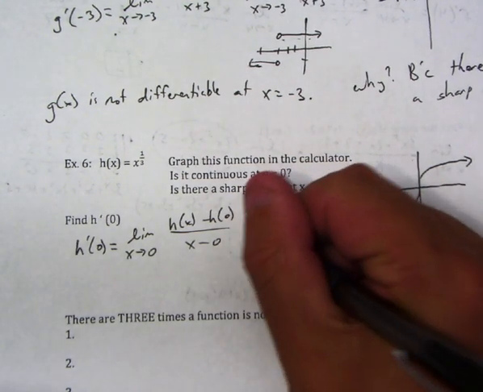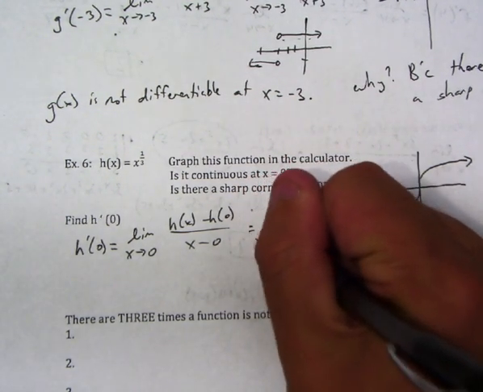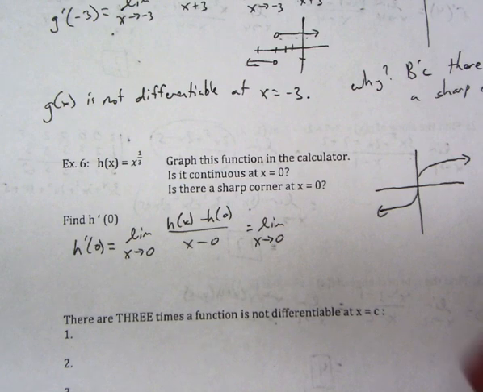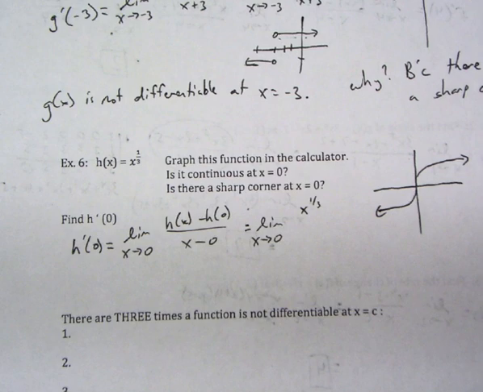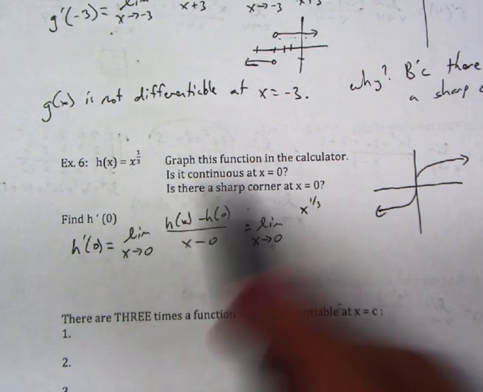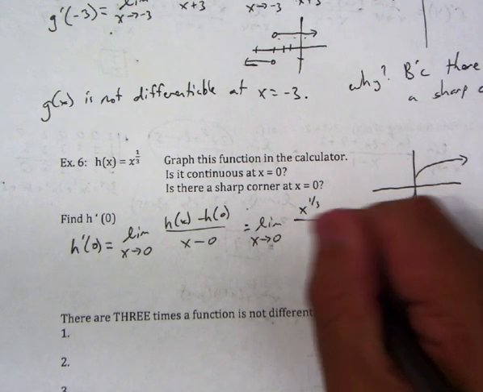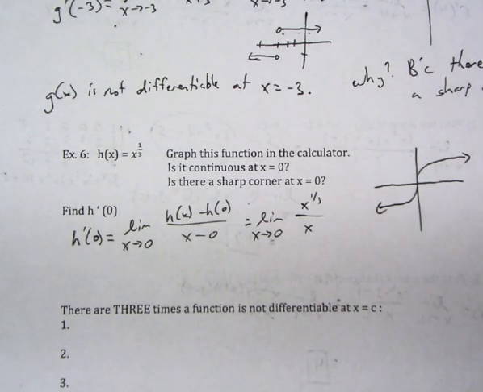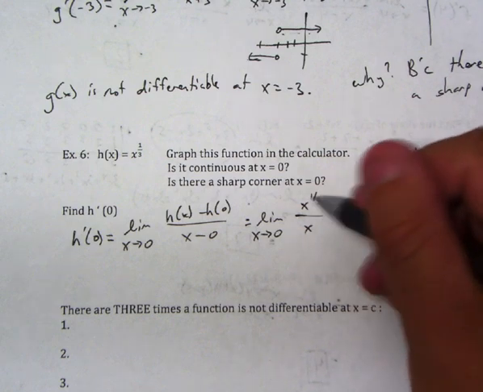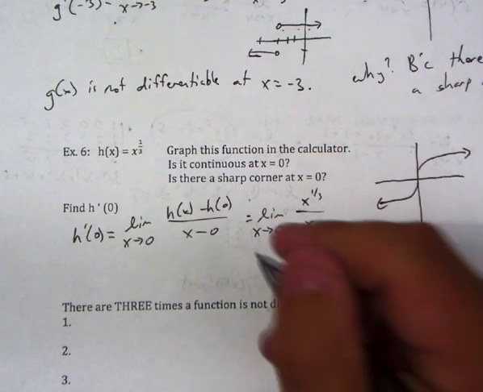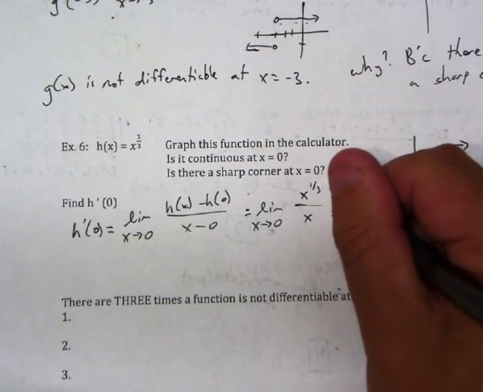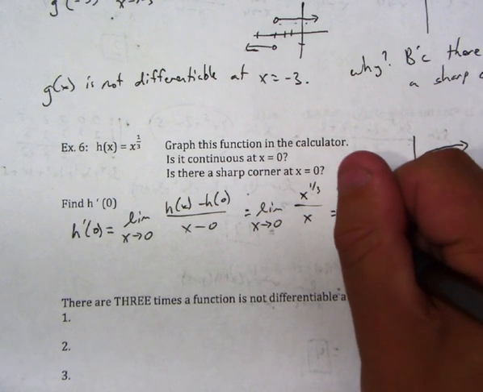So we have the limit as x approaches 0 of x to the 1/3, because that's h, minus h of 0, so plug 0 in for h and we get 0, so minus 0, over x. And we can use our exponent rules to clean this up a little bit. If you do 1/3 minus 1, this is x to the negative 2/3, which is the same as 1 over x to the 2/3.